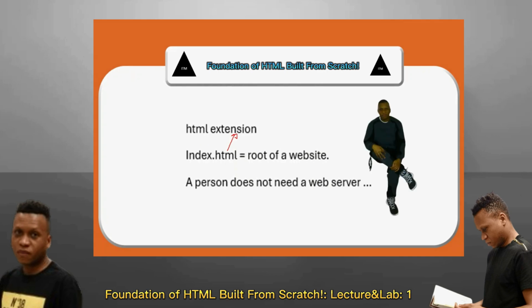Let's say you want to create a website using just HTML, using Visual Studio Code, just to create only an HTML document. You don't need a server. No, with HTML and CSS, you don't need a server. You're just gonna run it in Google Chrome.